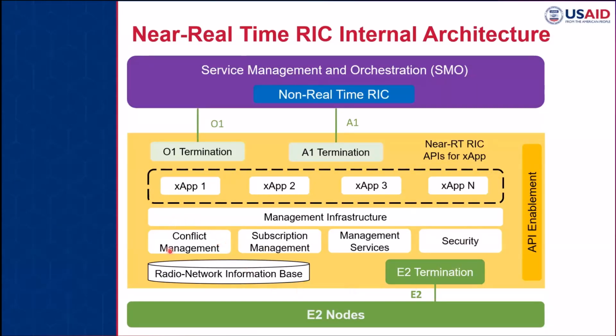There is also conflict management, which is really important as part of the near real-time RIC. As mentioned by Johnson a while ago, this is important because, for example, you want to activate a power saving xApp and then a traffic steering xApp.